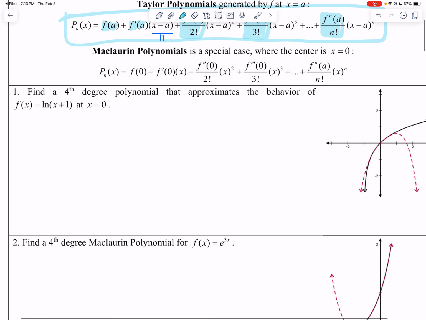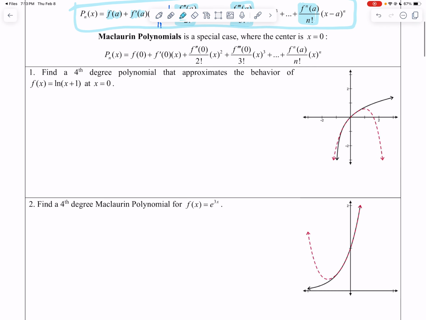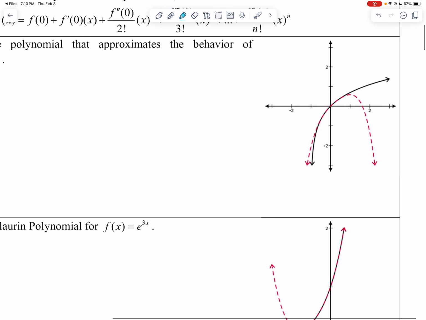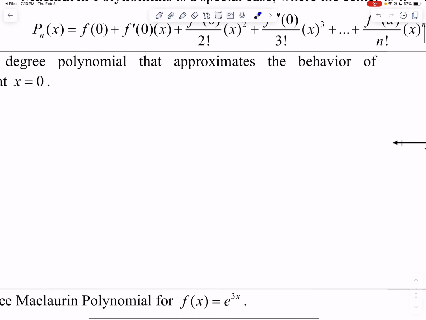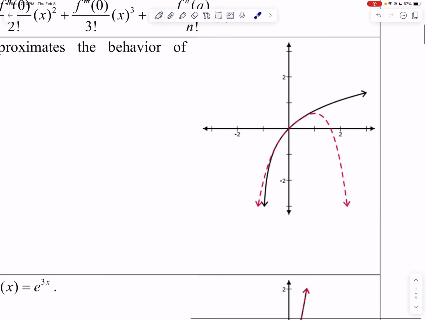All right, so here's what we're going to do. We are going to find a 4th degree polynomial that approximates the behavior of ln of x plus 1 at x is equal to 0. Here is ln of x plus 1 in black, okay? And we are trying to approximate the behavior at 0. So notice how here, this polynomial in blue is my 4th degree polynomial.